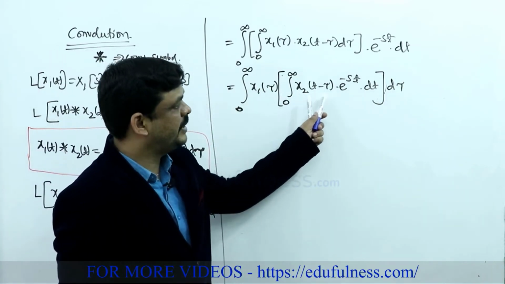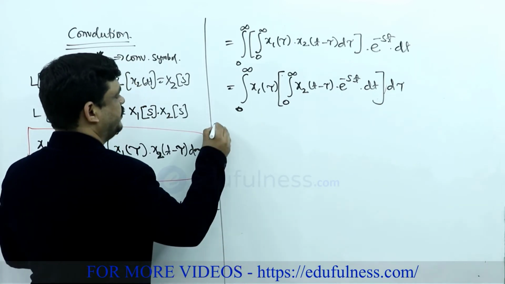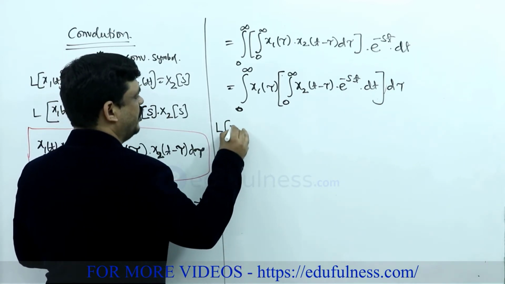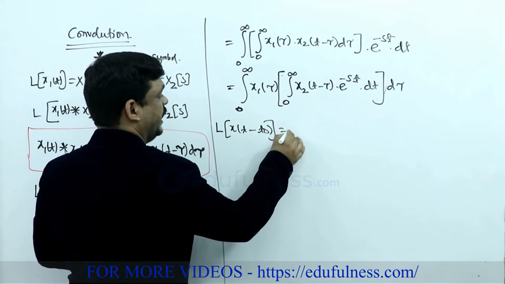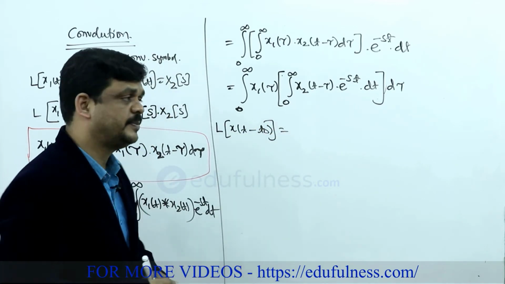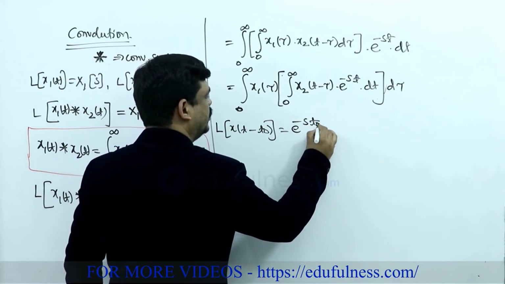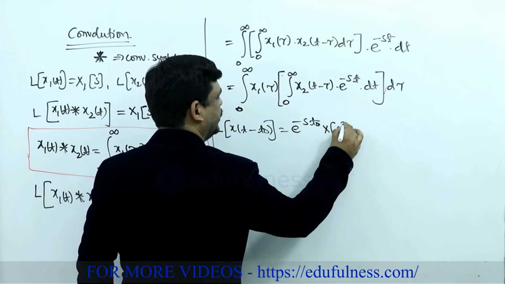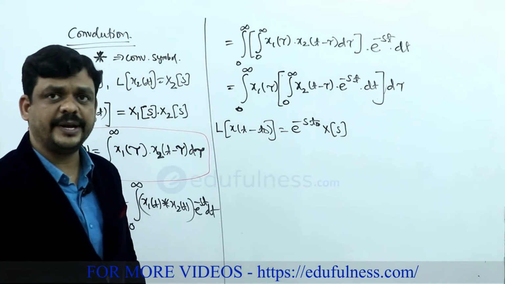Now this is similar to the shifting property. The shifting property says the Laplace transform of x of t minus t naught is e to the power of minus st naught into x of s. Shifting in the time domain multiplies by an exponential function in the frequency domain.